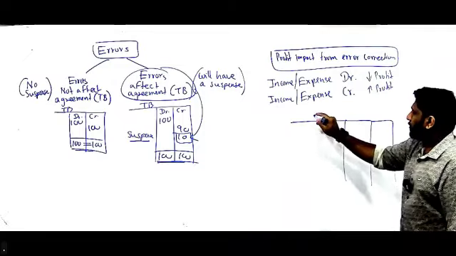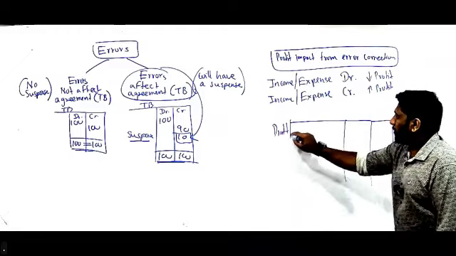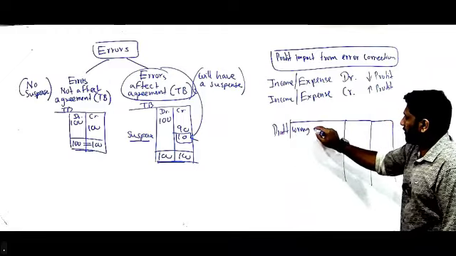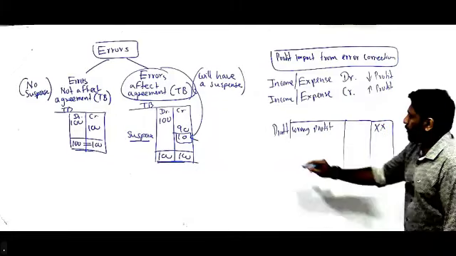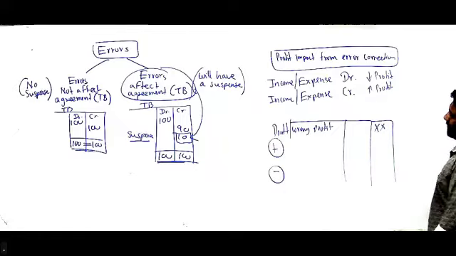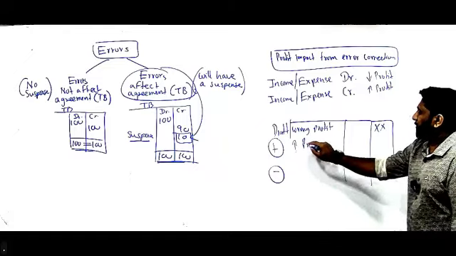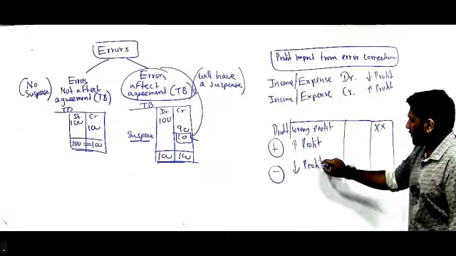So the draft or wrong profit will be given. What you should do? Plus the ones that are plus, minus the ones that are minus. Increase the profit where it should be increased, decrease the profit where it should be decreased. Do it.